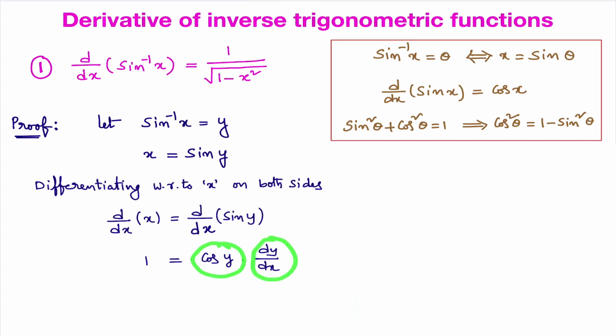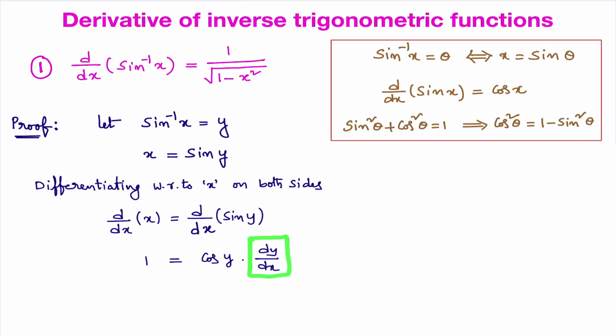In last class, we did all the problems of this type only. Please go through that class. That class is very important. Here, once again you come back here. As I consider this as y, I am trying to calculate d by dx of y. D by dx of y is nothing but dy by dx. Please keep this point in your mind. You can observe here dy by dx is there.